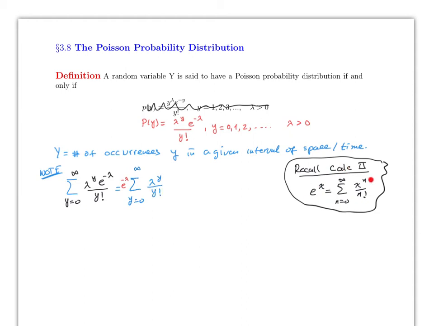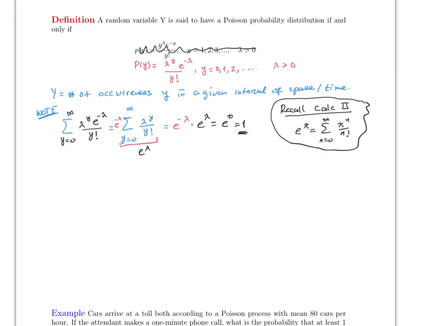Using the definition from calculus 2, this is technically e to the minus lambda times e to the lambda, which is e to the 0, and is equal to 1. So clearly that's a valid probability mass function.